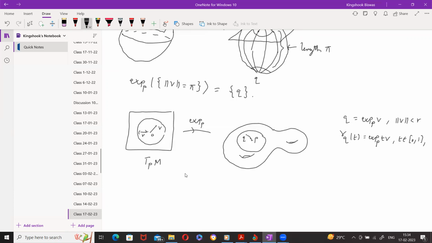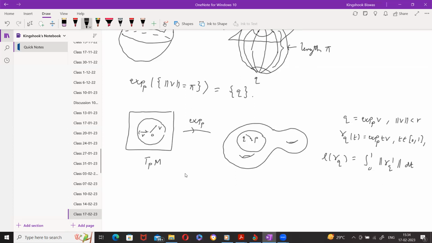And so this goes from P to Q. And then what I have is that the length of gamma Q, so this is going to be equal to what? Well, remember that geodesics have constant speed, right? So this is the integral of norm gamma Q prime dt, right?